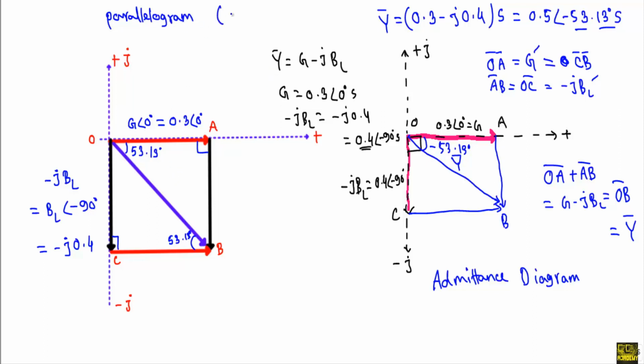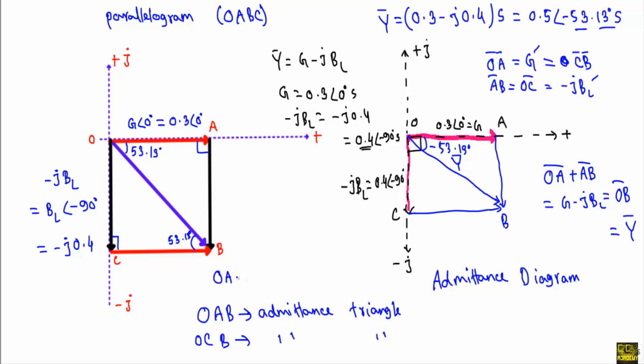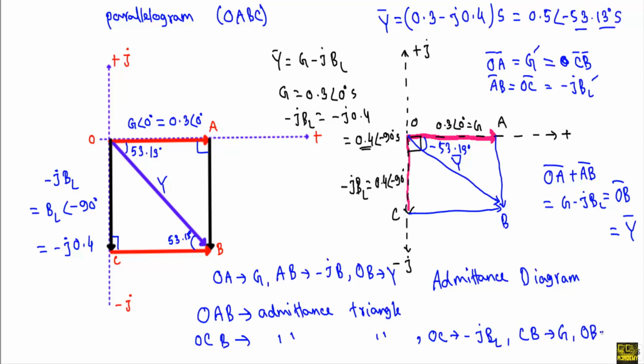So this OABC is a parallelogram, and in this parallelogram you will see OAB will be an admittance triangle, and this OCB will be another admittance triangle, where this OA is indicating G, this AB is indicating minus jBL, and OB is indicating the total admittance Y. In case of this OCB, you will see this OC will indicate minus jBL, CB will indicate G, and OB will indicate Y. Okay, that's it.